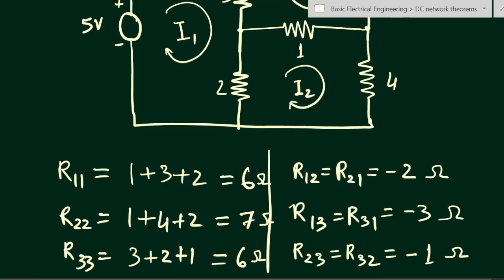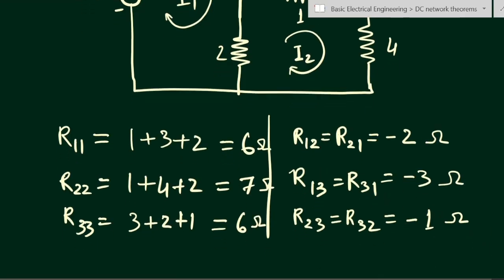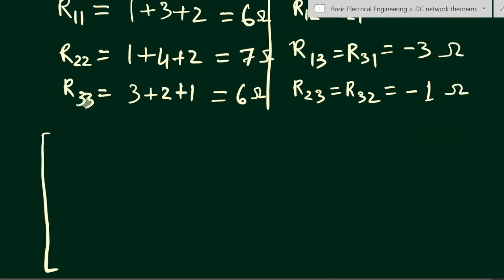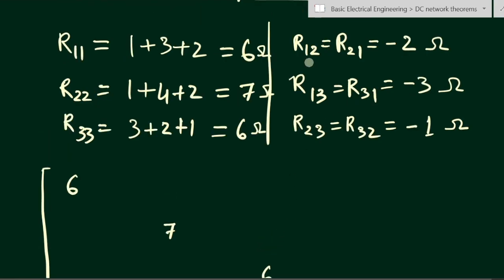So these are the values we have found out. Now we have to write it in matrix form. So what will be the matrix form? R11 will be here, R11 value is 6. R22 means second row, second column, so this value is 7. And R33 is the third row, third column, so here we'll have 6. R12 is equal to R21 is equal to minus 2 ohm.